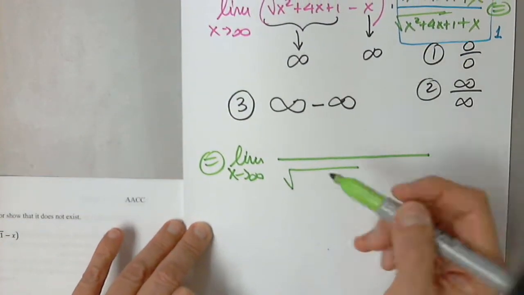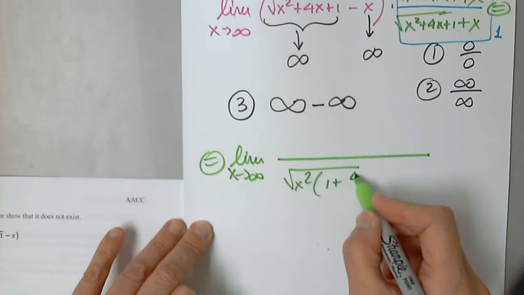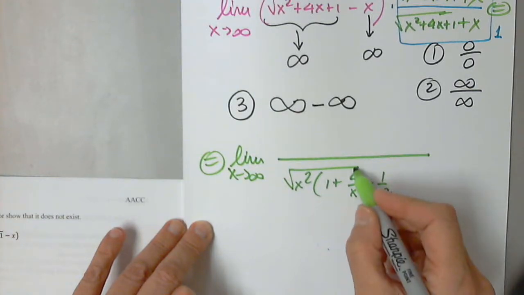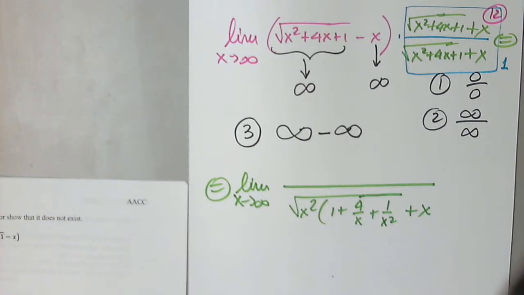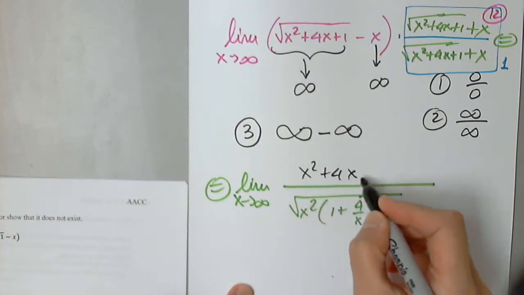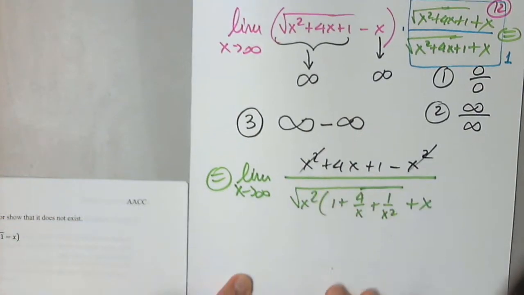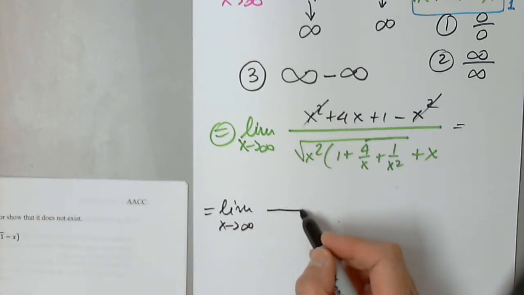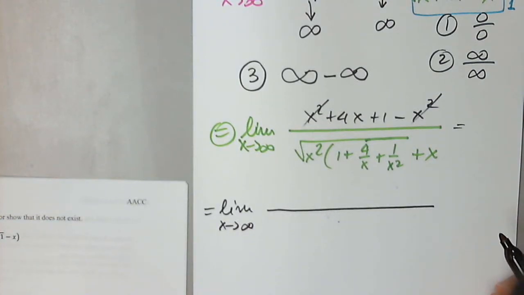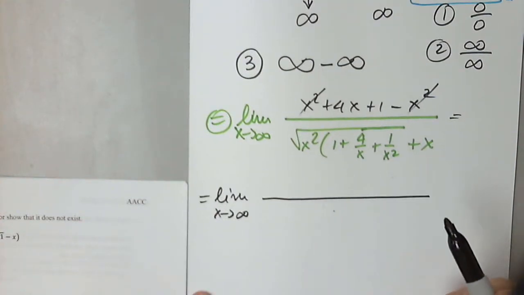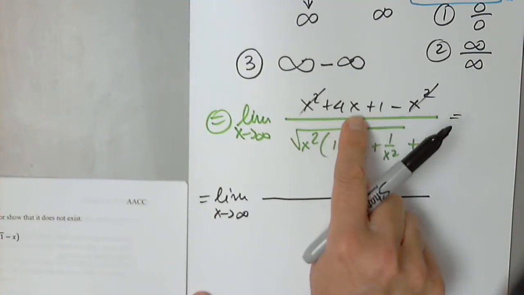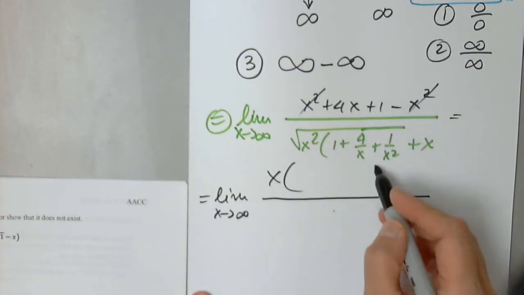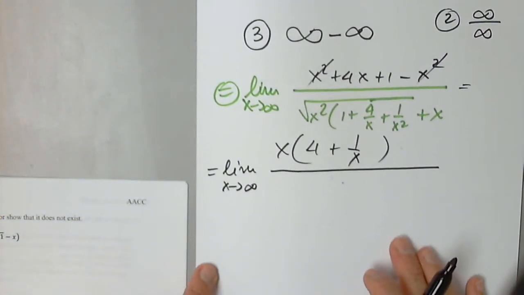And underneath I'm going to factor out x squared as we just did: 1 plus 4 over x plus 1 over x squared. And please give me the numerator when you're ready. 4x plus 1. Very good. I will factor out what in the numerator, please? It's the degree. Good. So 4 plus 1 over x.